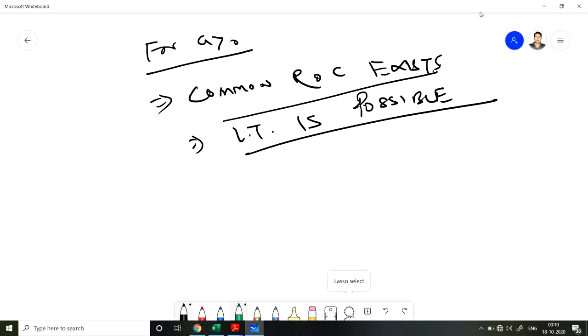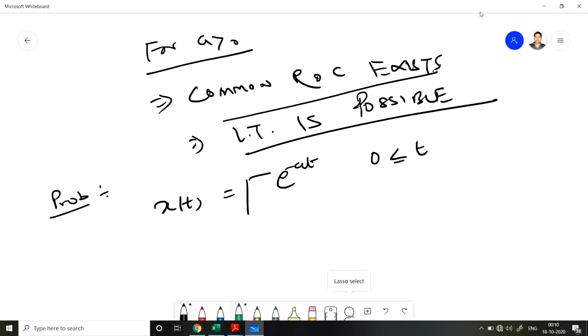Let us do another problem. x(t) is given as e raised to the power minus at between 0 to capital T only, and it is equal to 0 otherwise, for all other values of small t.